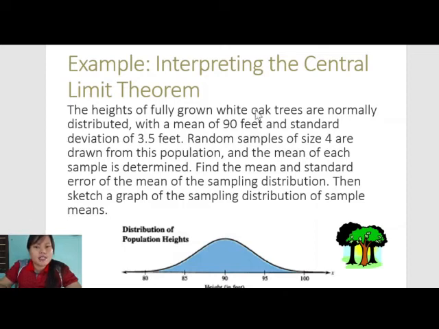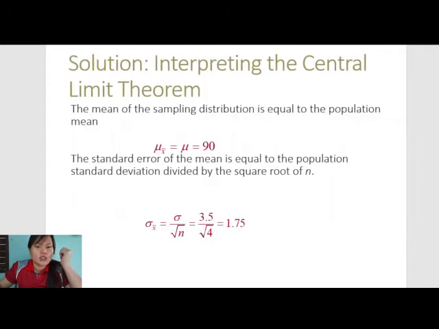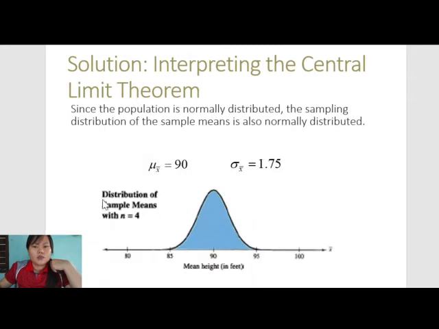Again, same as before. The mean would still be 90 feet and the standard deviation is 3.5 over the square root of 4, shown in blue. So this will be its chart: 1.75. The spread goes only up to 1.75. It's fairly steep too, but not as steep.